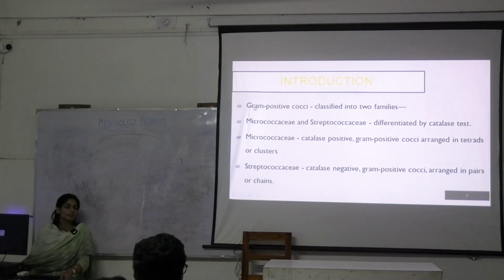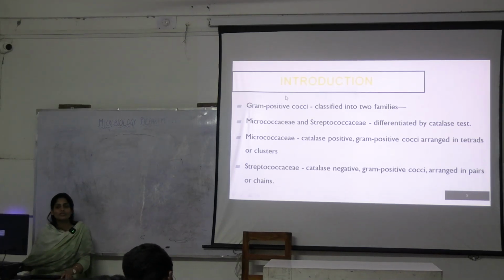It belongs to what family? I am asking family. Right. So, it is a gram-positive cocci. How do you differentiate these 2 families from each other? Since they are both gram-positive cocci, but they differ in morphology.